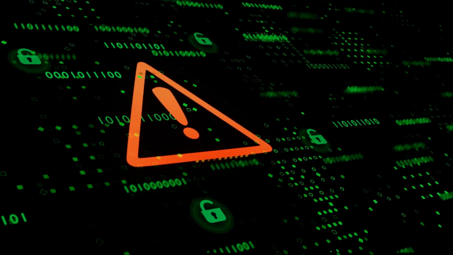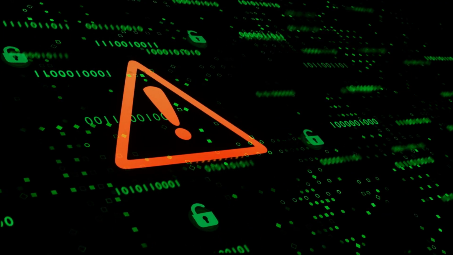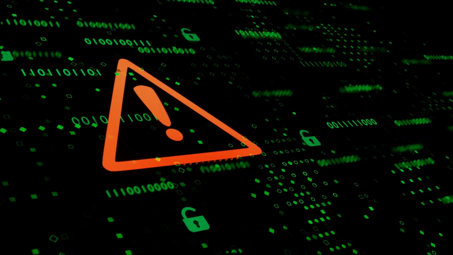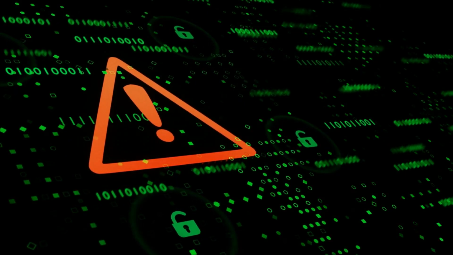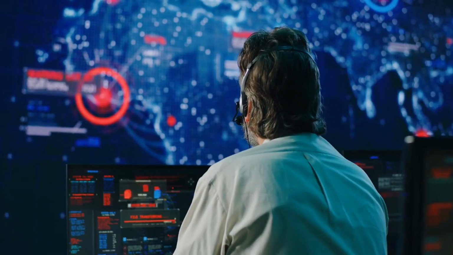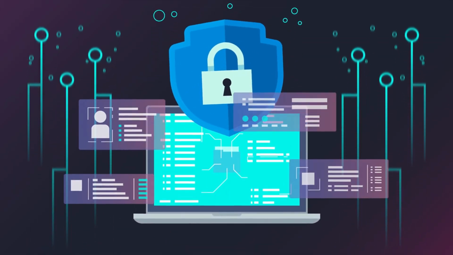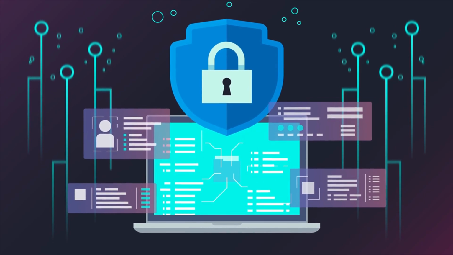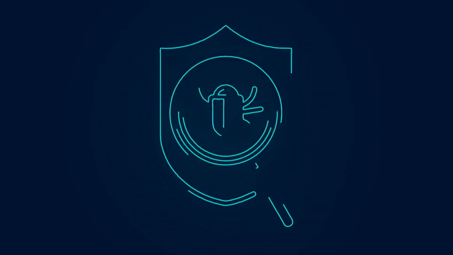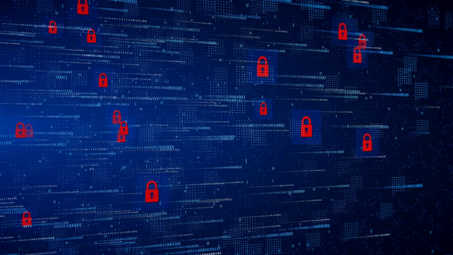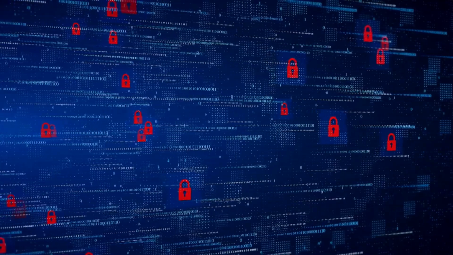Cybercriminals began to exploit vulnerabilities in software, leading to a new era of cyber threats. The term virus was coined in the early 1980s, and antivirus software became a necessity as malicious programs became more widespread. Early cybersecurity solutions like McAfee Antivirus and Norton Antivirus were designed to protect against these emerging threats.